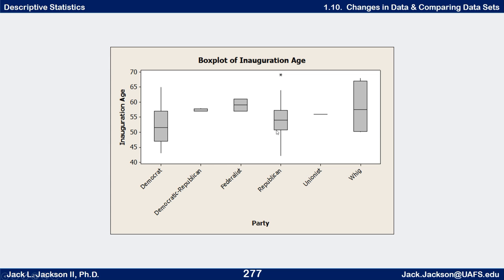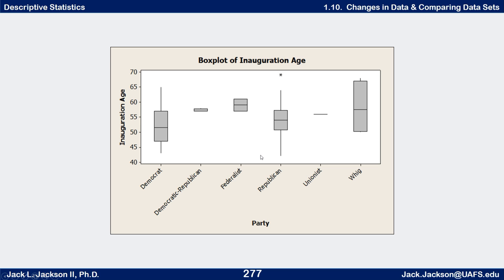So a lot of the really young presidents were over here in the Democrats, but the Republican has the youngest one, Teddy Roosevelt over here. So you've got not a lot of difference, but the center is a little bit more packed in here. But then you've got the interquartile range is smaller in the Republicans, but then the range is actually bigger.